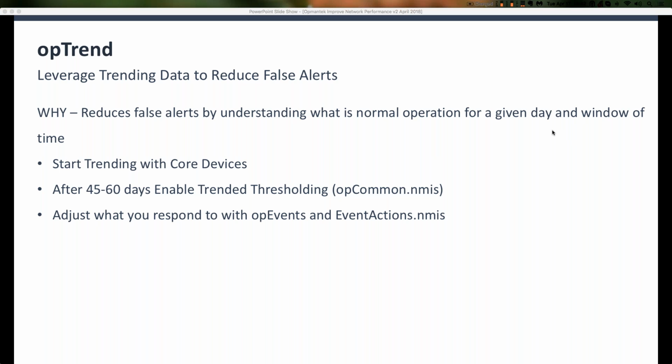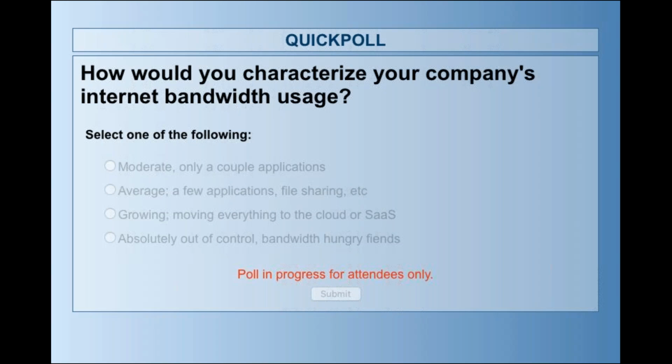All right, we've got another poll for today. So before we start talking about OpTrend, our next poll is, how would you characterize your company's internet bandwidth usage? So moderate, you only have a couple applications or a few users, so our internet bandwidth is good. You consider it average maybe, you have a few applications, file sharing, a few other things, but overall you're okay.